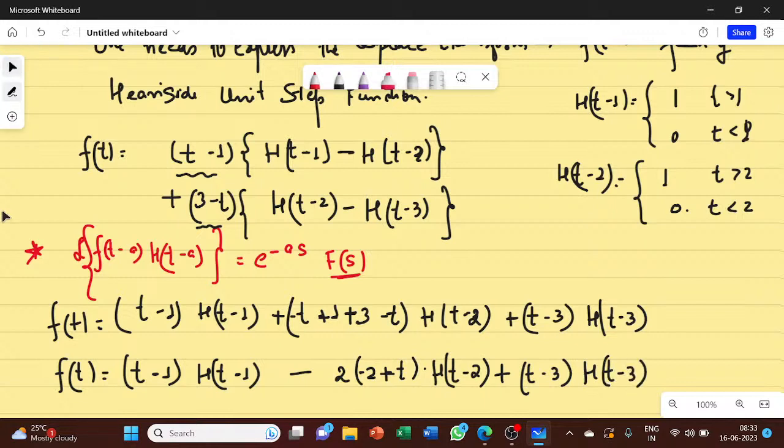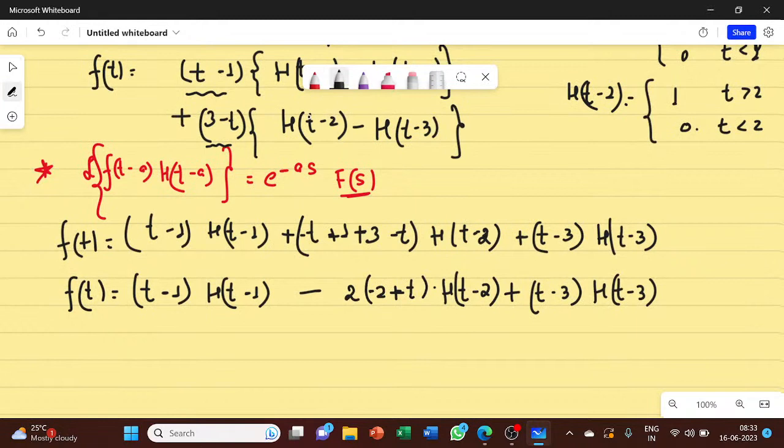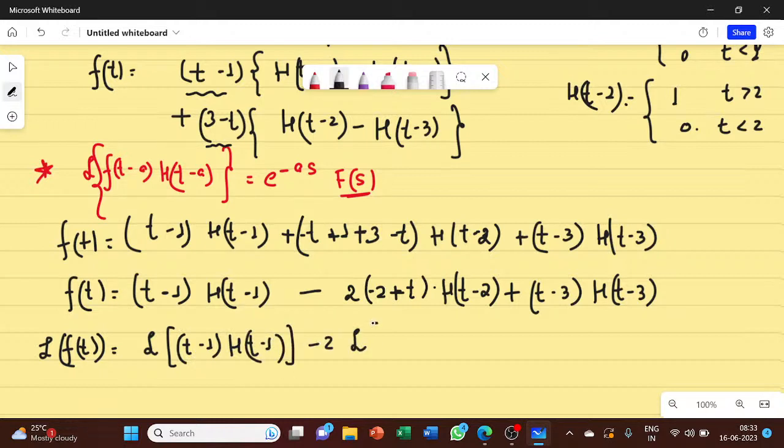Now if I want to take the Laplace transform of my function f of t, it will be equivalent to writing the Laplace transform of t minus 1 into h of t minus 1, minus 2 times the Laplace transform of t minus 2 into h of t minus 2, plus the Laplace transform of t minus 3 into h of t minus 3.